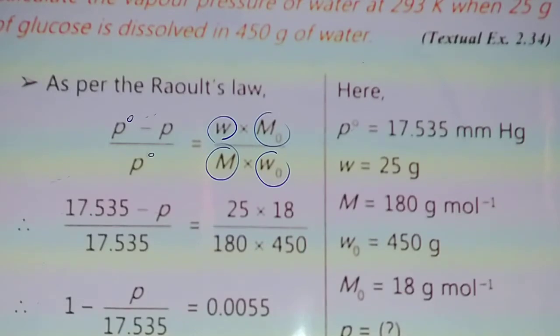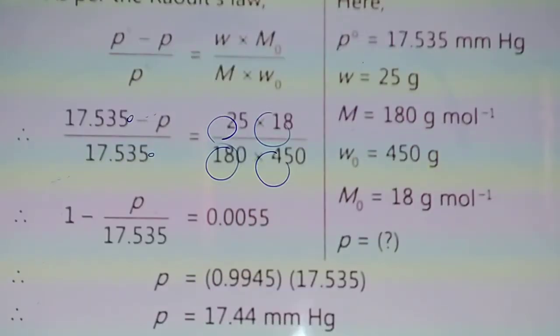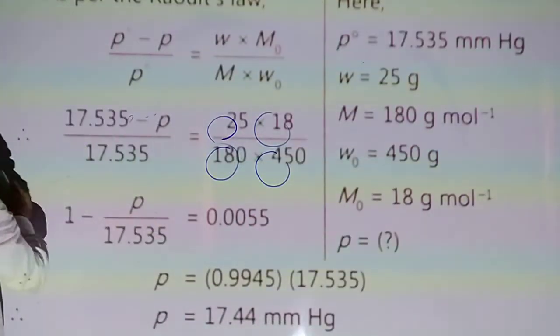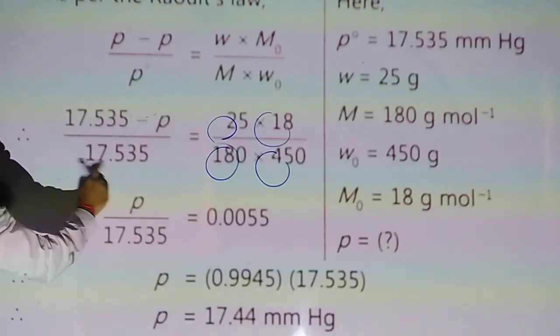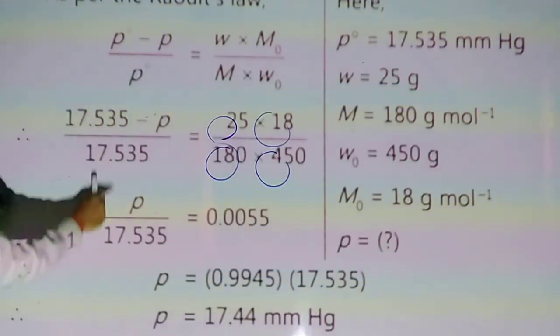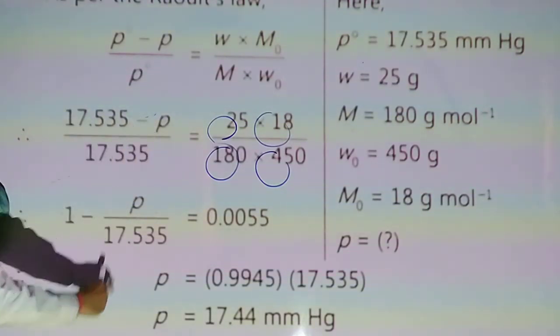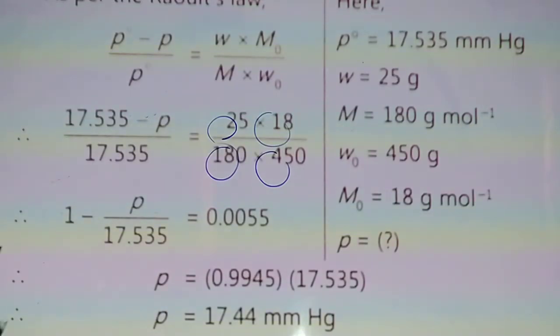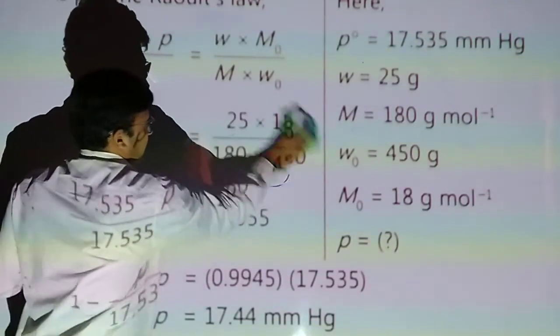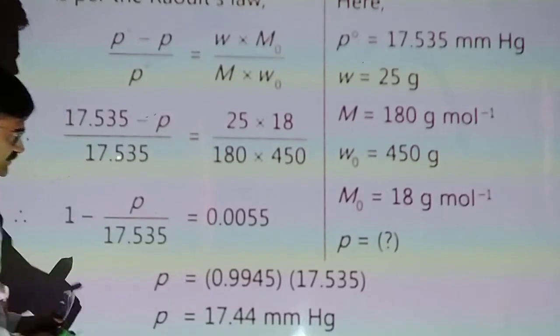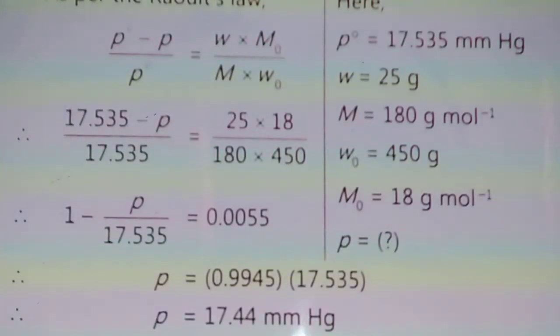So here, when we divide both sides by 17.535, 1 minus P upon 17.535 equals the value 0.0055.